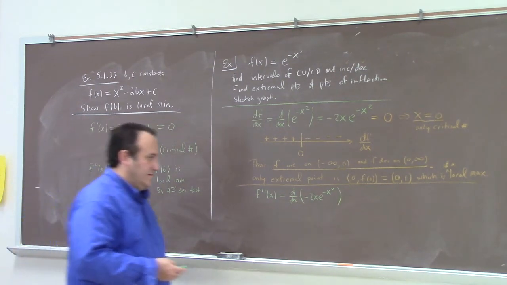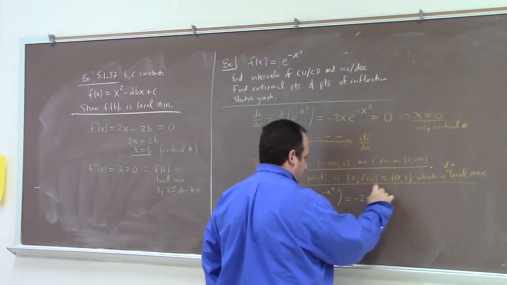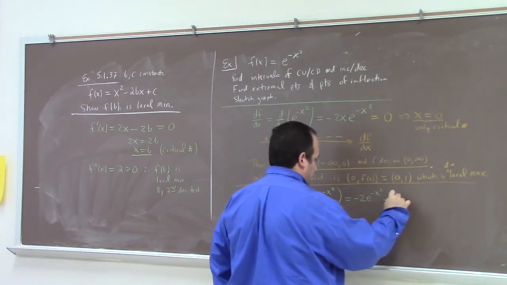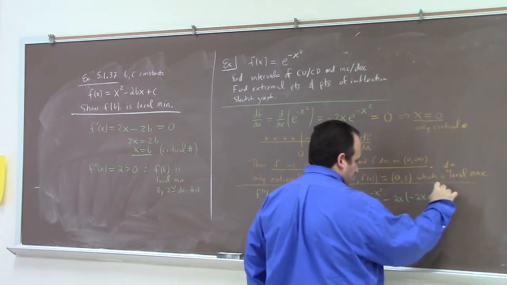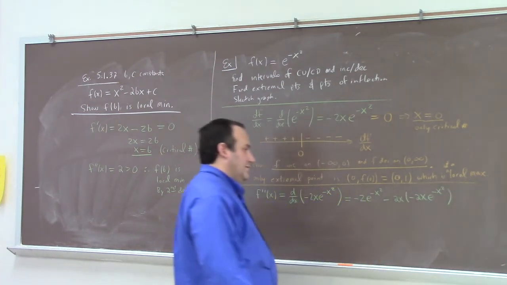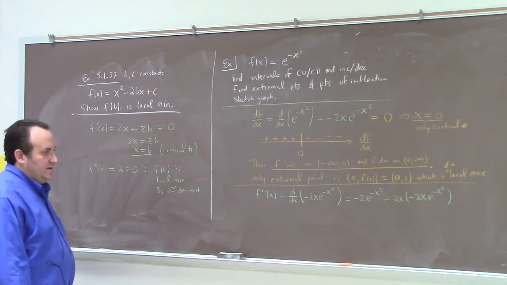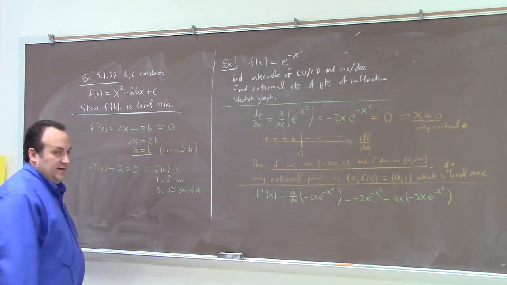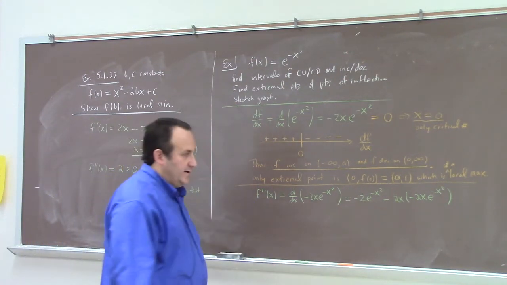And the product rule here gives me minus 2 e to the minus x squared minus 2x times minus 2x e to the minus x squared. So we have to differentiate e to the minus x squared again, just like we did for the first derivative. And you don't want to leave it like that.